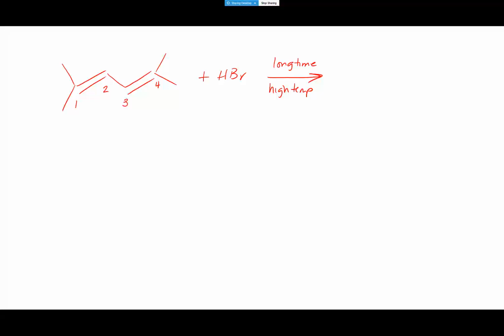H+. Here's my question. Where are you going to add H+? Which carbon are you going to add it to? 1, 2, 3, or 4?